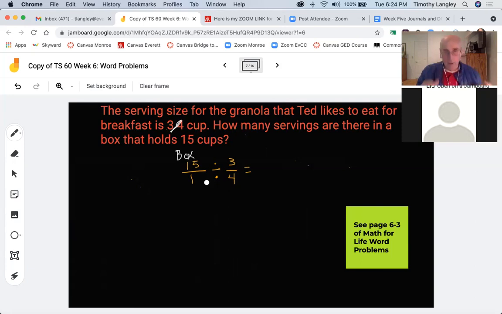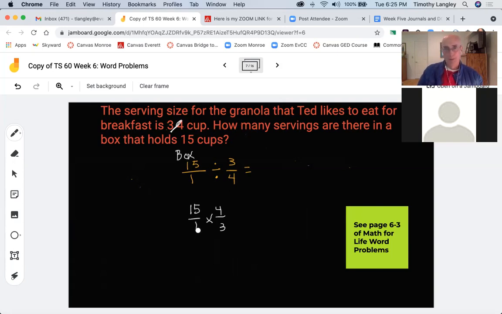So you divide 15 by 3/4. And remember, when you do division, that means you multiply by the reciprocal of the second number, which means you will write 15 over 1 times the reverse, which would be 4 over 3, and then solve it from there.